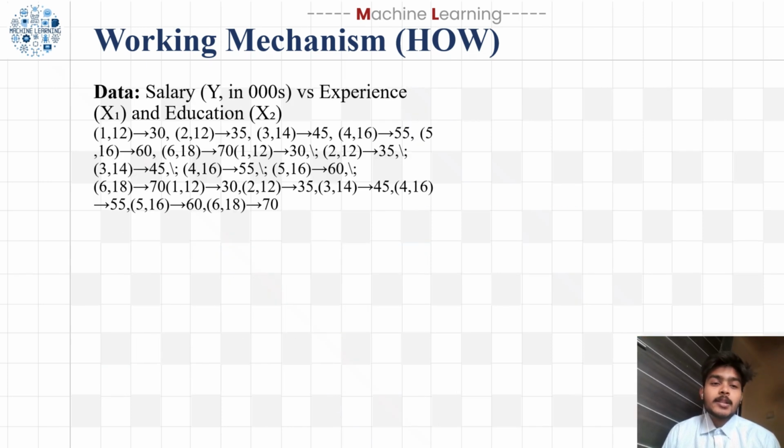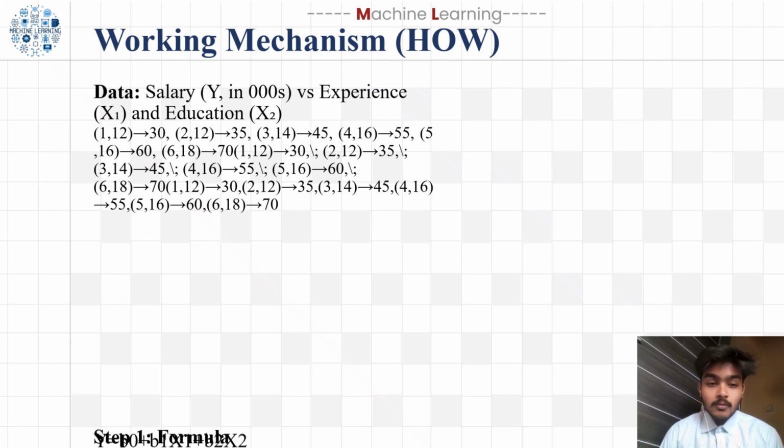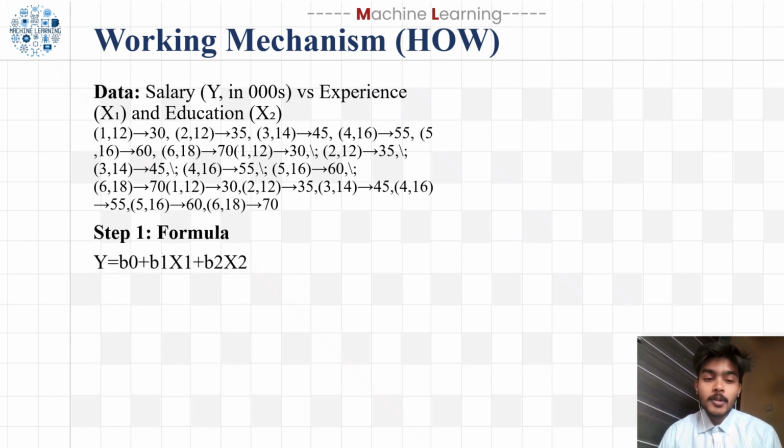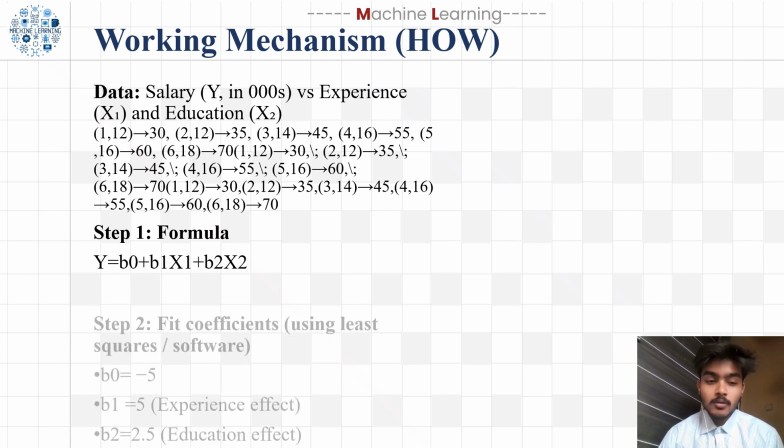Let's understand with an example. Here is a dataset. We have a salary dataset with experience x1 and education x2. The formula is first y is equal to b naught plus b1 x1 plus b2 x2.